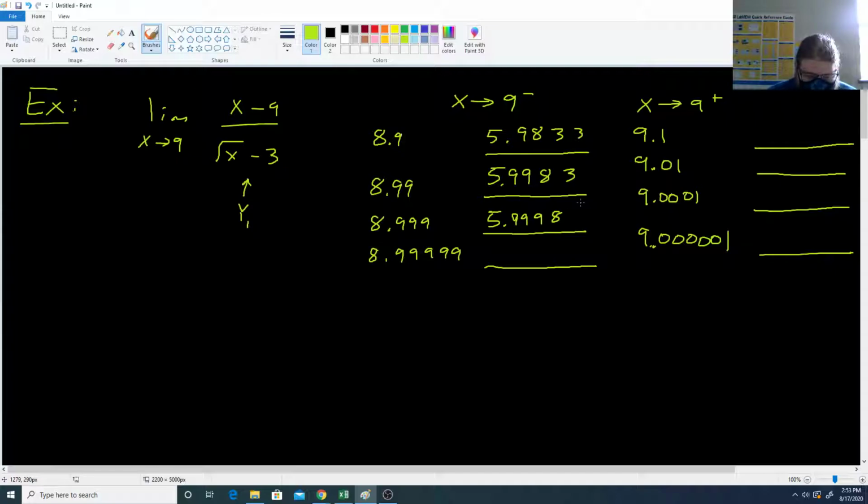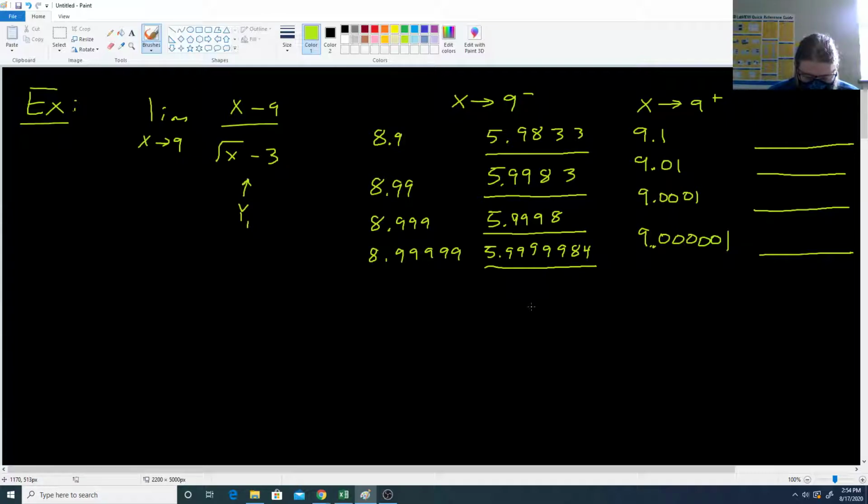And if I put 5 nines in, I get 5.999984. So the more nines I put in here, it looks like I get 5.99 with more nines after it. So it's looking like this is probably approaching 6, because 5.99999 is really close to 6.